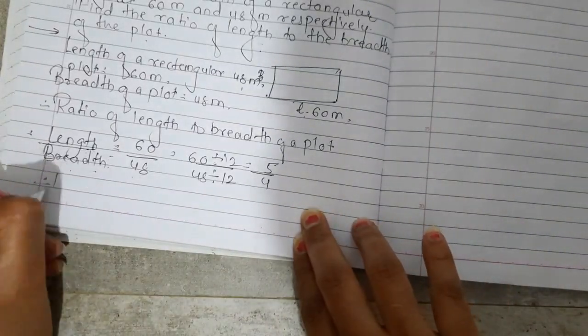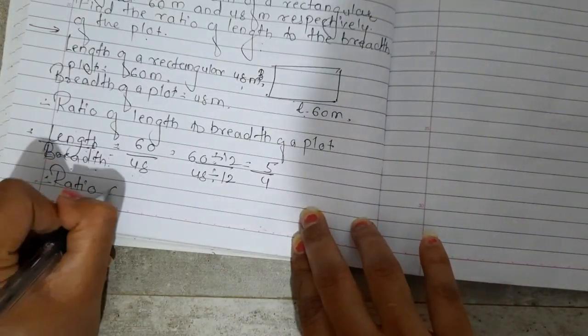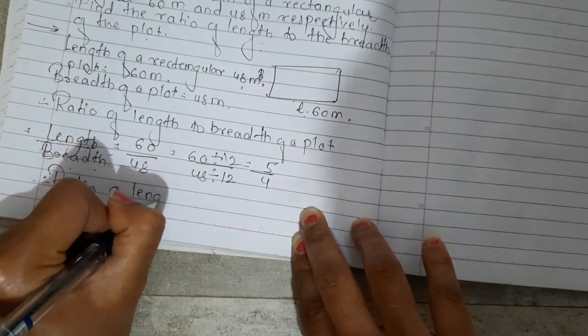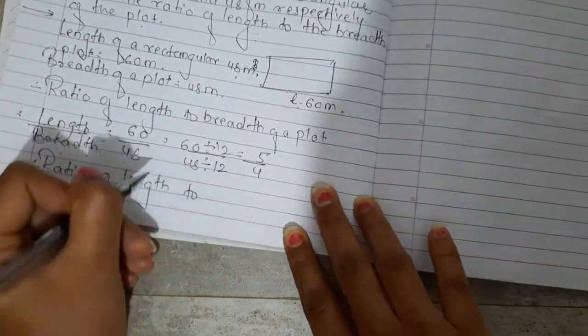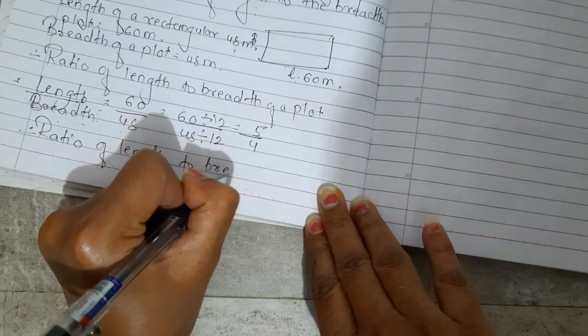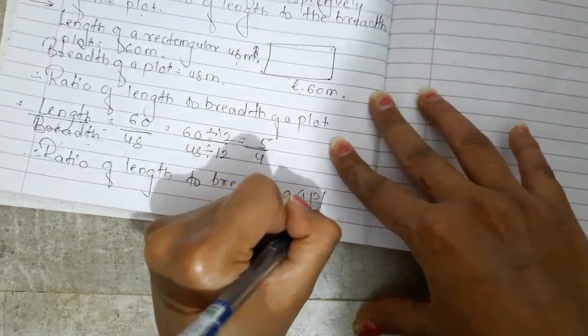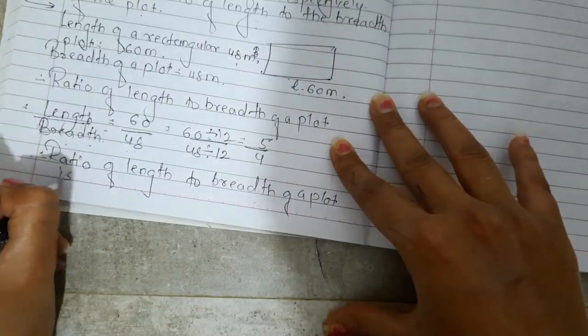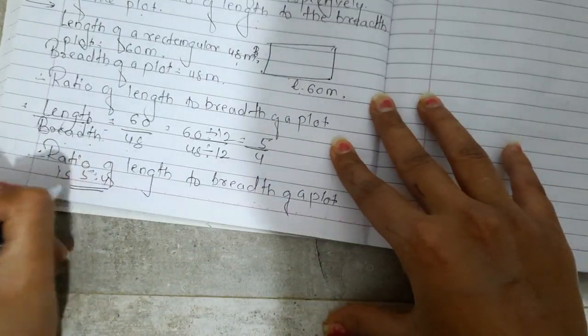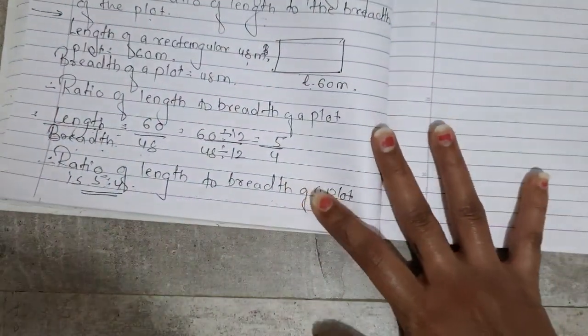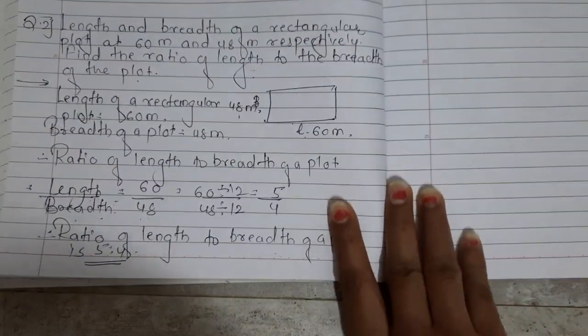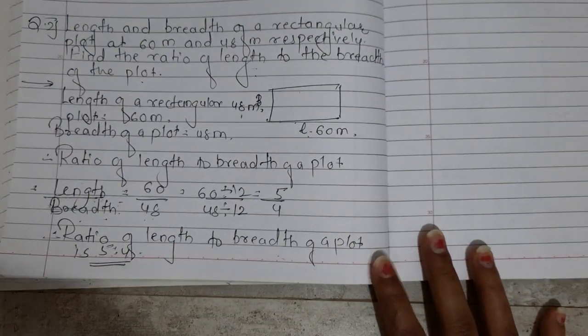So therefore, the ratio of length to breadth of a plot is 5:4. Understood? Okay.